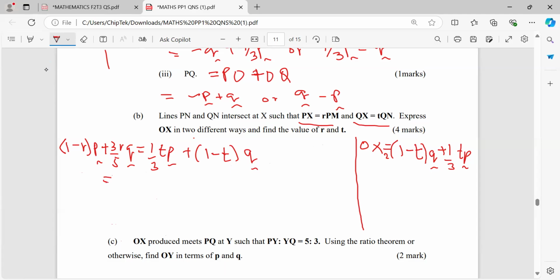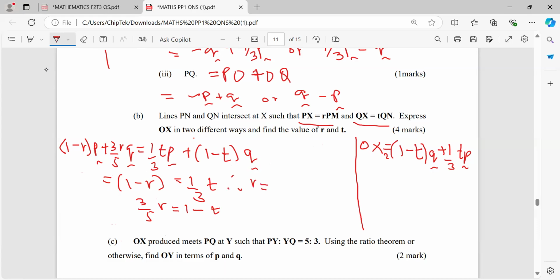So hapa yafaa iwe 1 minus R equal to a third T. Kuna hiyo nyingine ya Q. Q ni 3/5 R equal to 1 minus T. Sawa. Okay, afterwards ukitaka waweza fanya R, let's make R the subject of the formula.